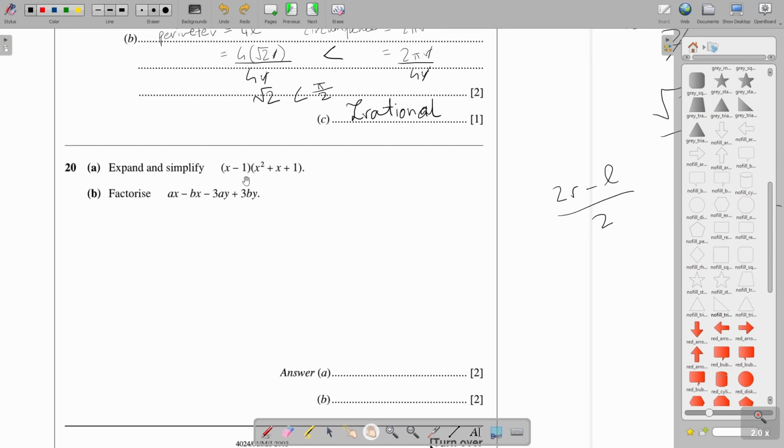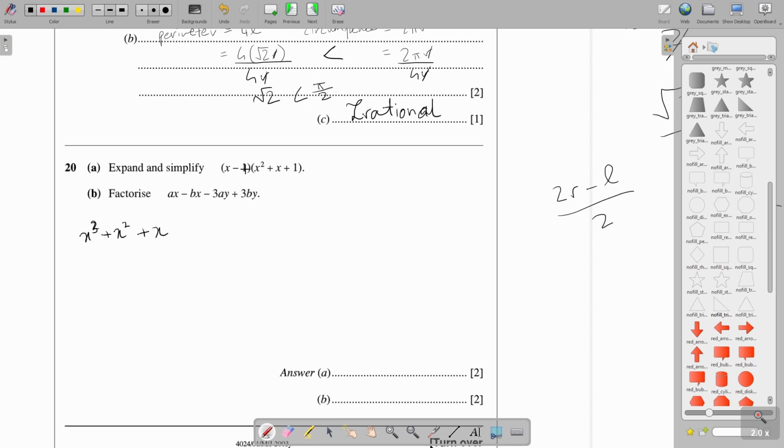All right, let's expand and simplify this bit. So we'll just do the sides and then the middle. Or another way is to multiply x by all 3 and then multiply -1 by all 3, and we'll get an expansion. So x multiplied by x squared is x cubed, x multiplied by x is x squared, and x multiplied by 1 is just an x.